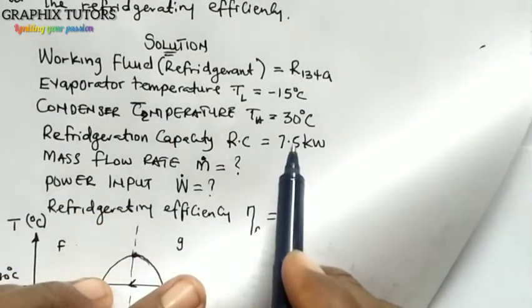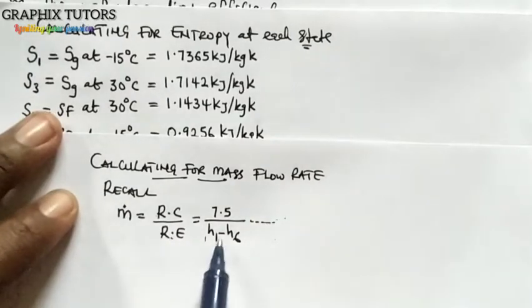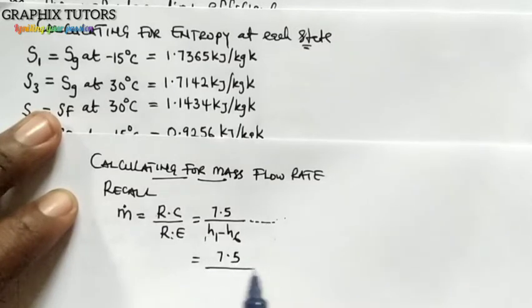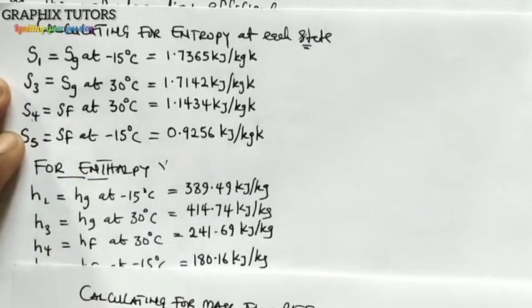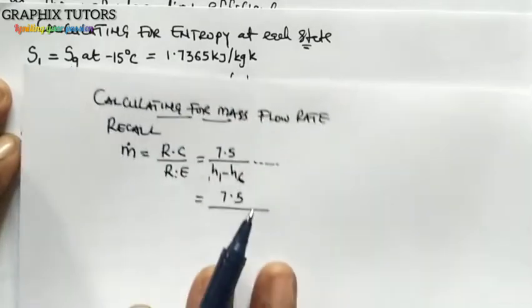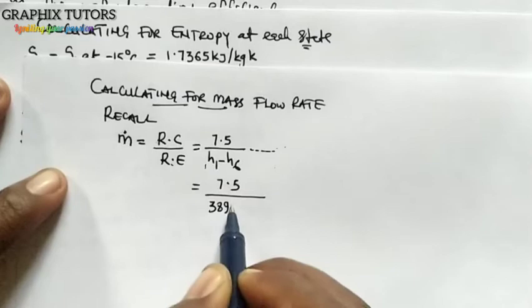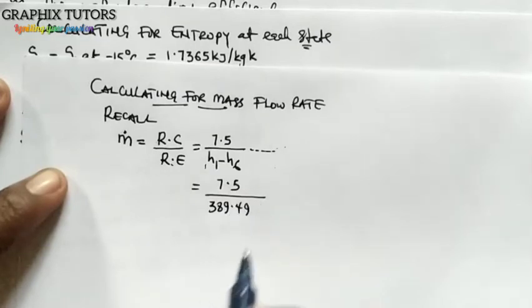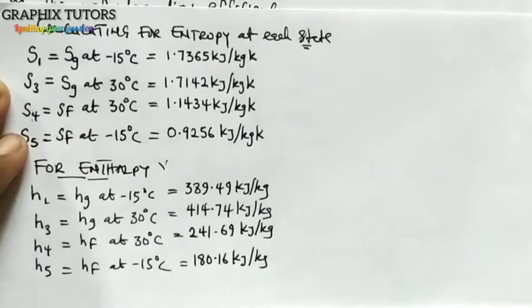our parameters, 7.5 kilowatts. Then they will now write that this will now be equals to 7.5 divided by what is H1. H1, you check here, H1 is this, and that is what? 389.49. So you write 389.49 minus H6. Now if you check here, we don't have any H6.